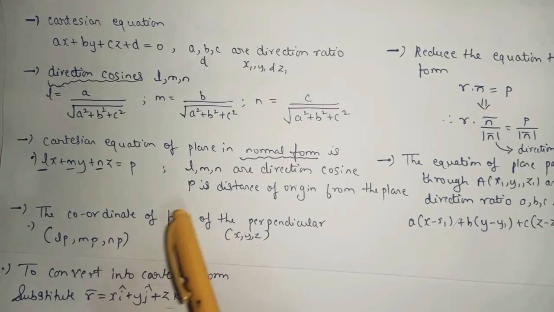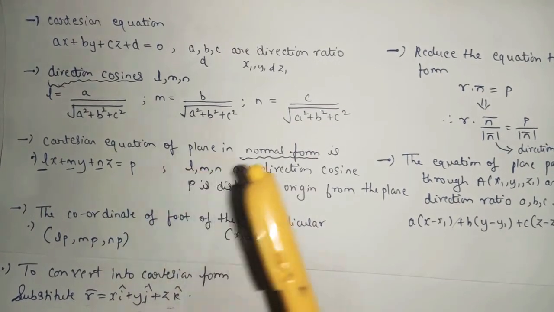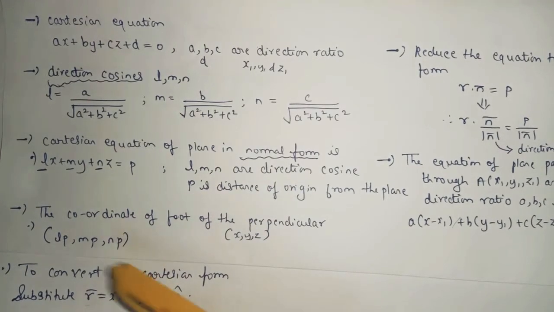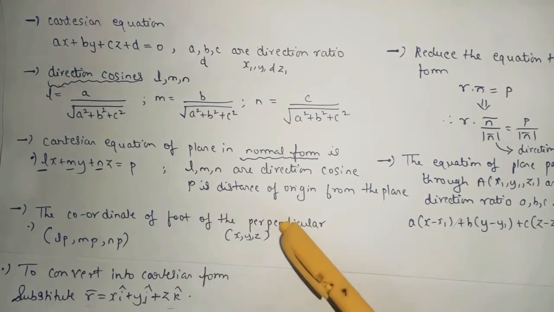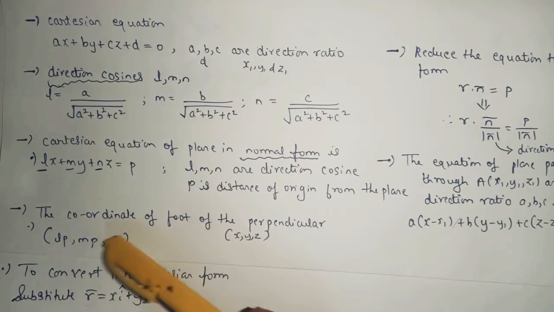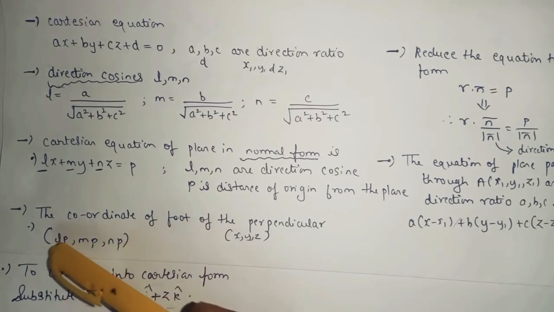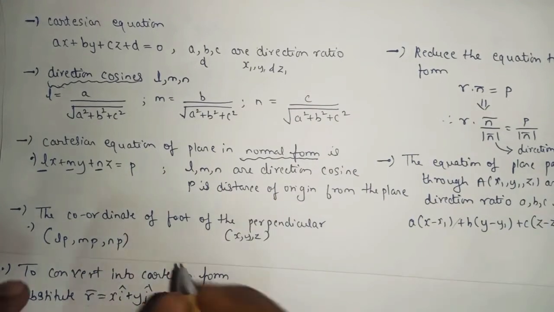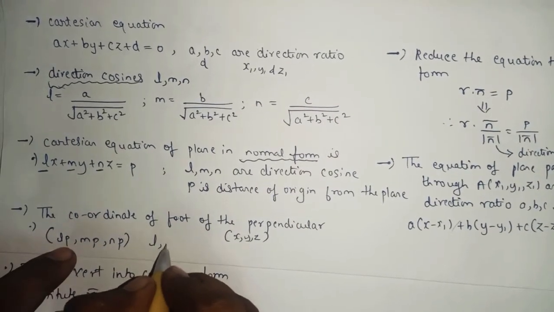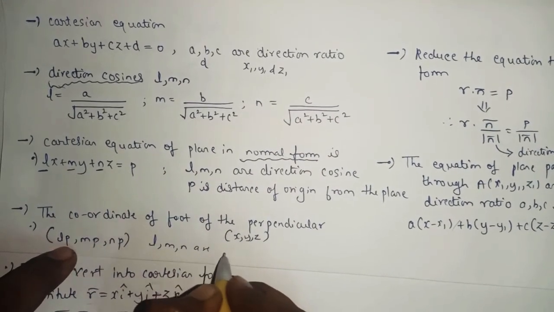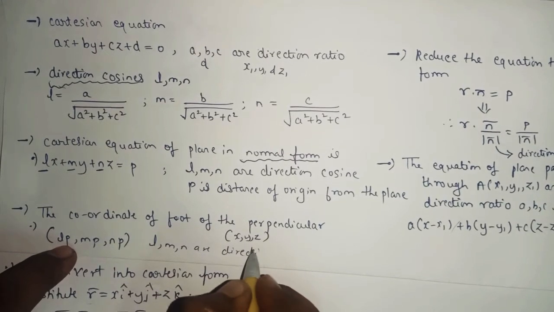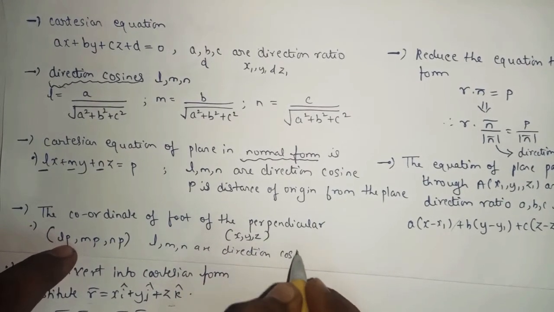If in the question they ask you to find the coordinates of the foot of the perpendicular, you have to apply this formula: lp, mp, np. What are l, m, n? They are the direction cosines, yes or no?